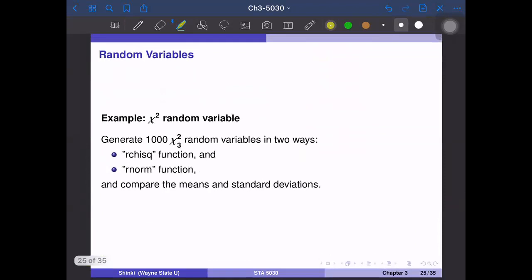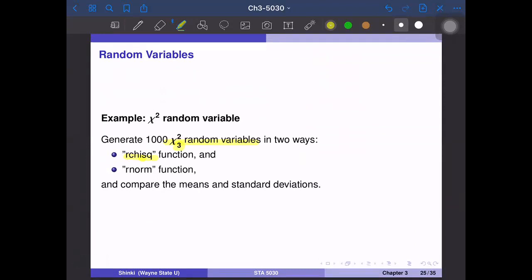So, chi-square random variables. If we want to generate chi-square random variables with df 3, 1000 times, we can do it in two ways. One is just to use the rchisq function and specify df, and then it automatically generates the chi-square random variables.